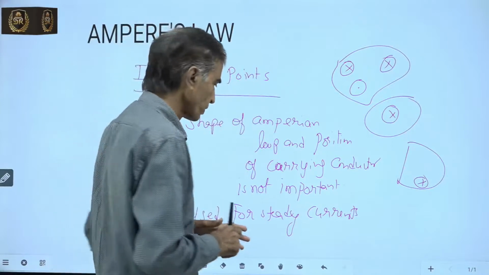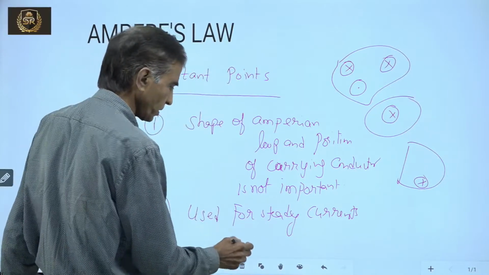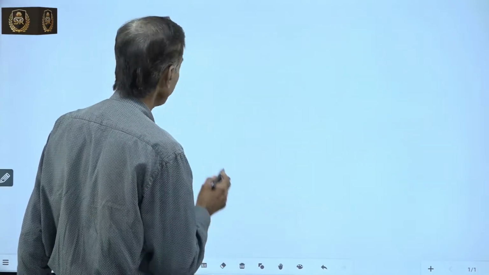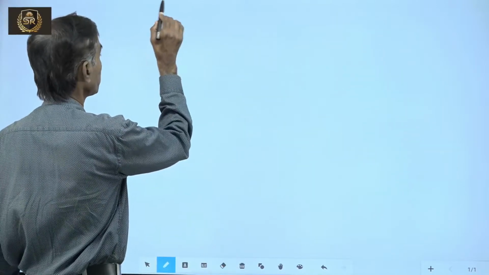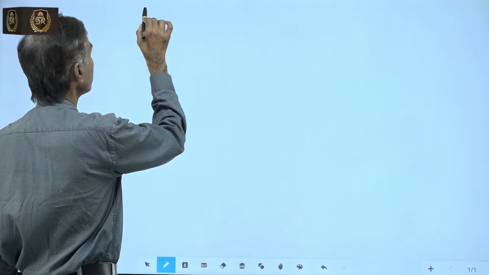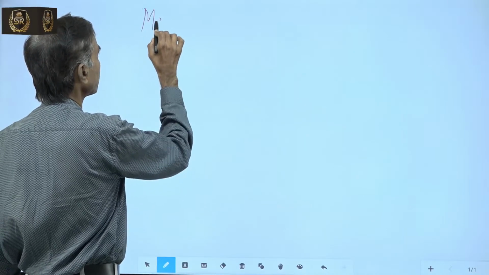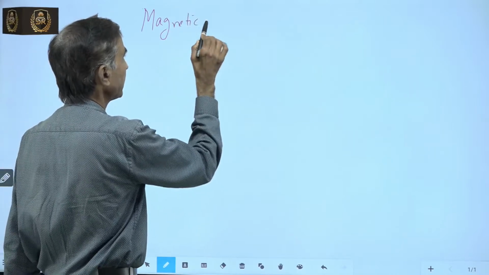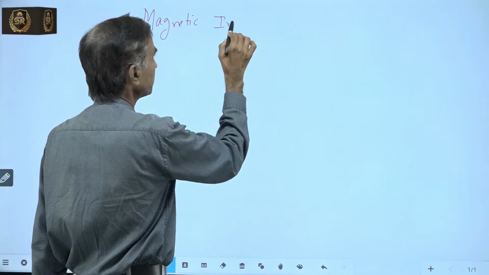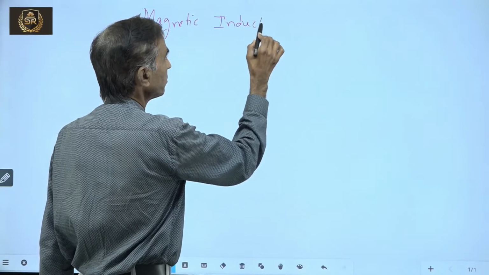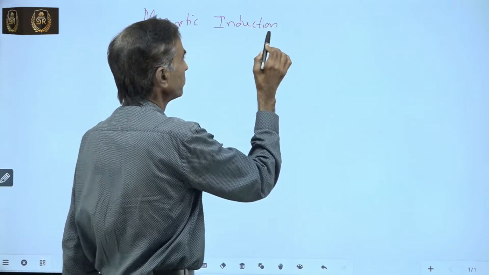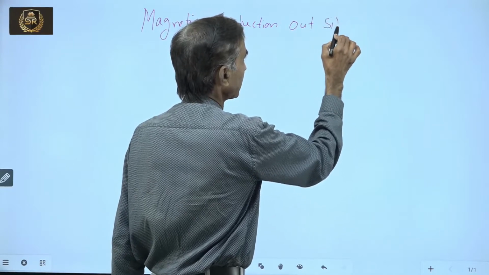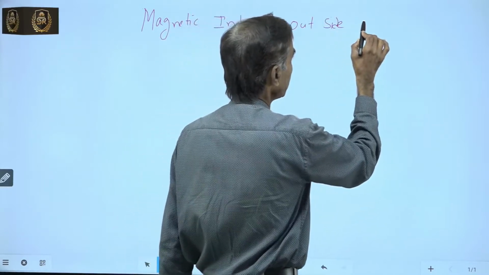So now we are finding the magnetic field outside a conductor.